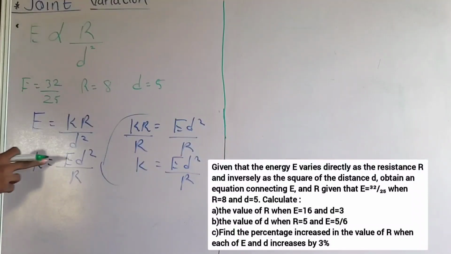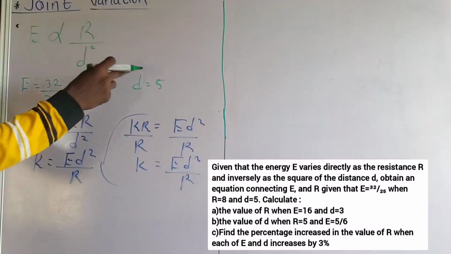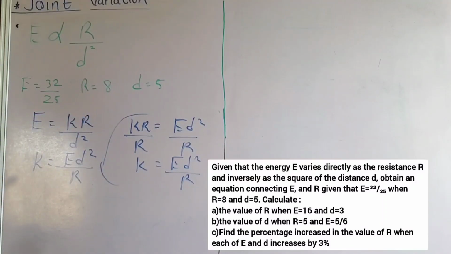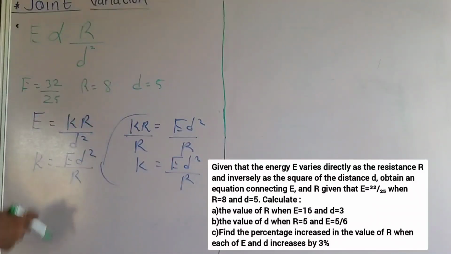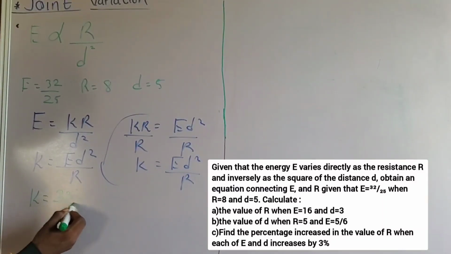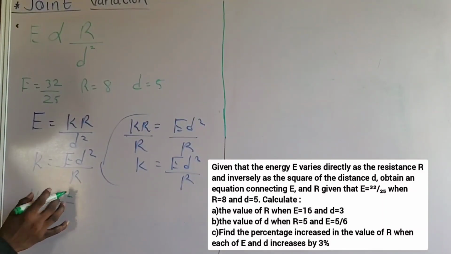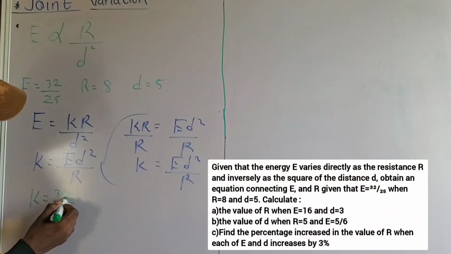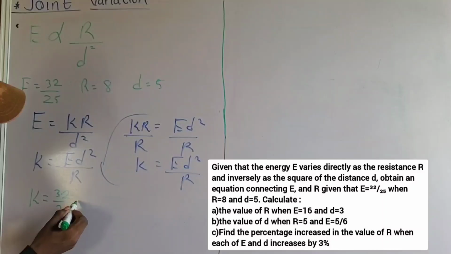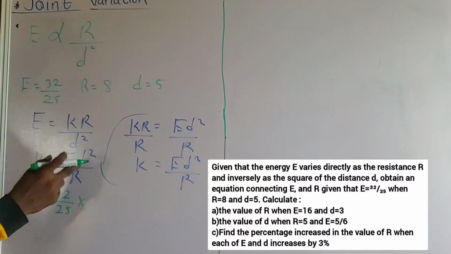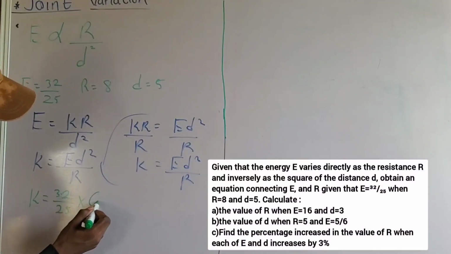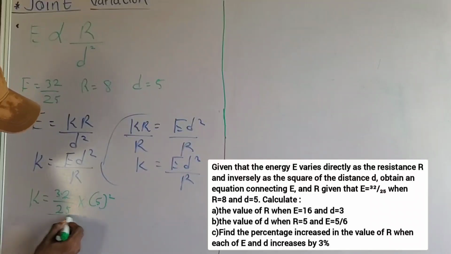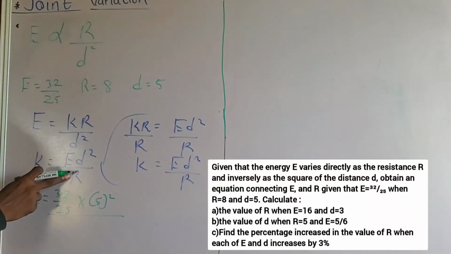Now let us replace E as 32 over 25, D as 5 and R as 8. I'm going to have K equals 32 over 25 multiplied by, this is the numerator now, D squared. D squared is 5, I'm going to have 5 squared. This all over R. R is what? 8.